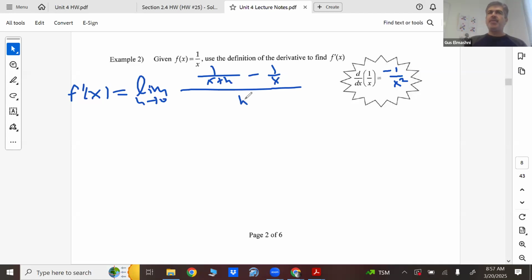So what do you think our algebraic technique is going to be? We should do what? Find the LCD. Yeah, what's your LCD here? 100%. Let's do it.